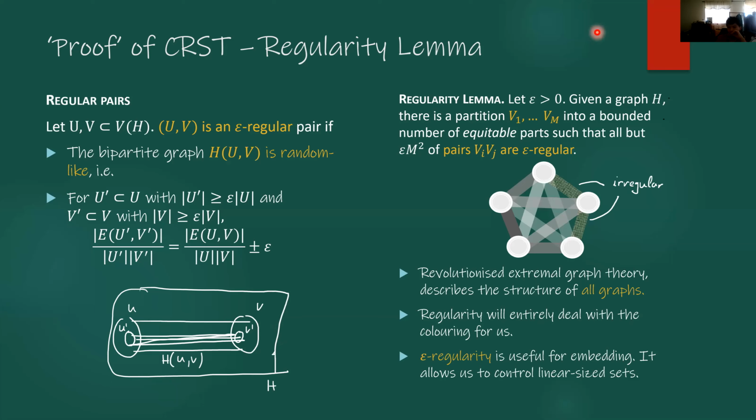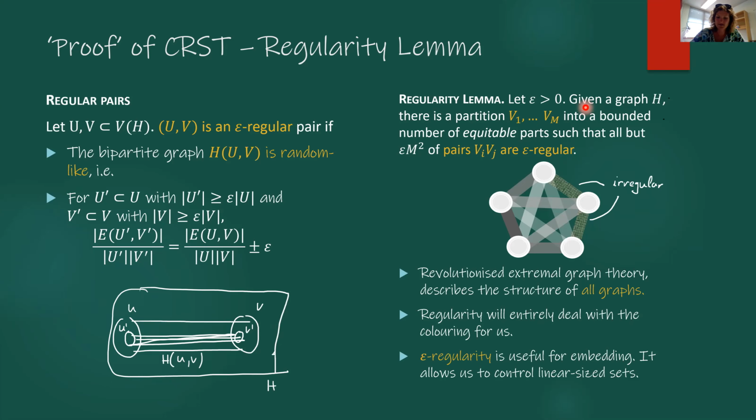So in this statement of the regularity lemma, are Vi and Vj, are I and J distinct? Yes, they are.